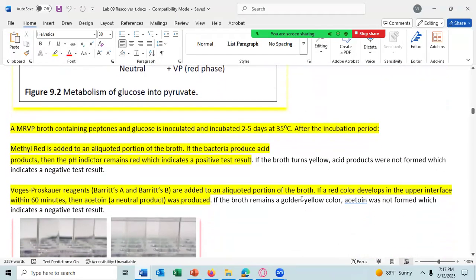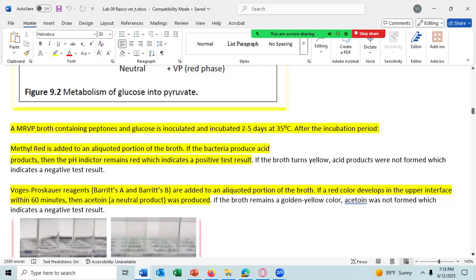So initially we have one tube that we call the MRVP broth. It has both peptones and glucose in it. You inoculate it and grow it from 2 to 5 days. You then take the tube out of the incubator and use half the tube for the MR test and then half the tube for the VP test. For the MR test, what you simply do is add phenol red to the tube.